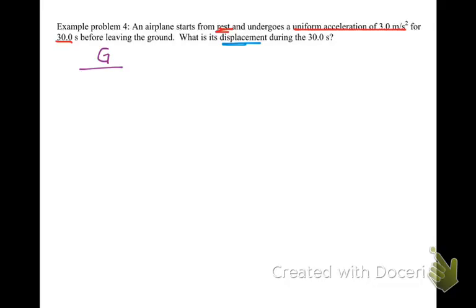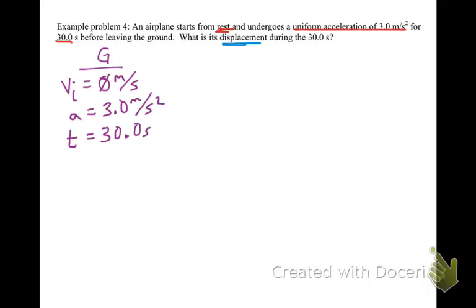Airplane starts from rest, so vi equals 0 meters per second. Undergoes uniform acceleration, so a is 3.0 meters per second squared for 30 seconds, so we've got 30 seconds. The question is, what is the displacement?